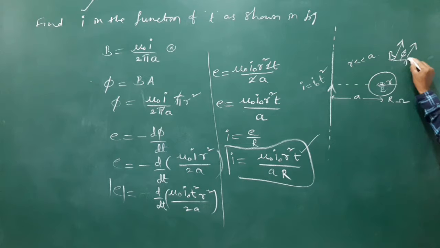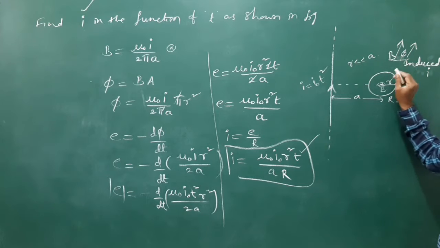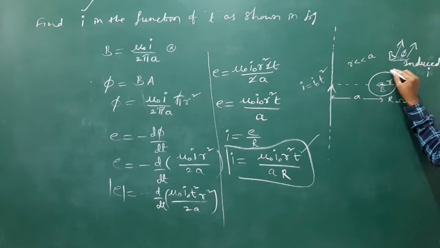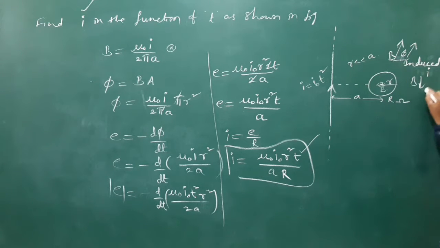This will produce some induced current. This induced current has to oppose the cause, it has to decrease this magnetic flux. So how to decrease? Magnetic field decreases, flux decreases.